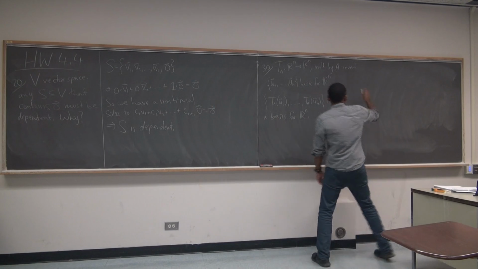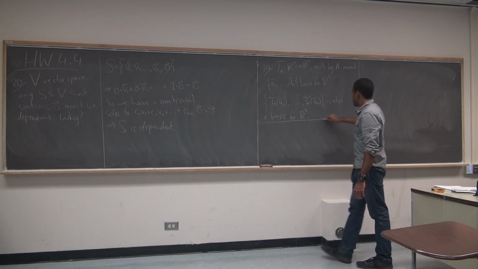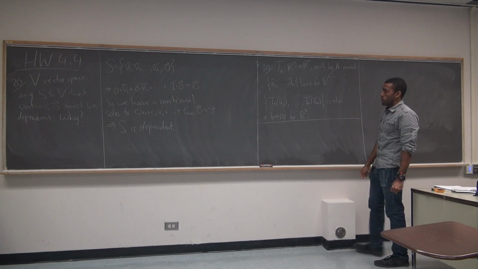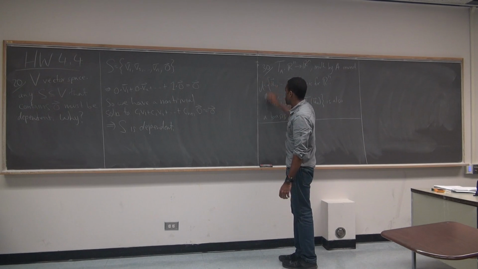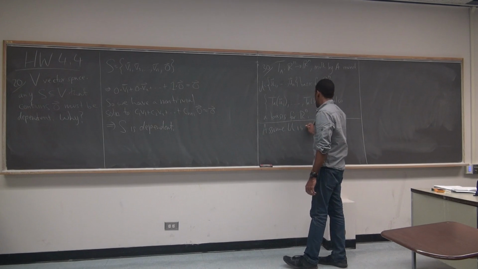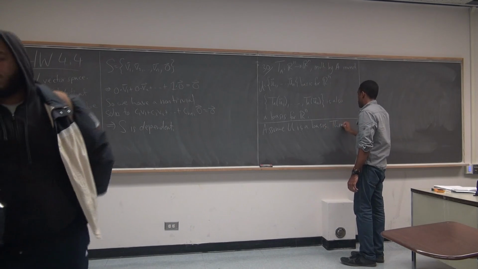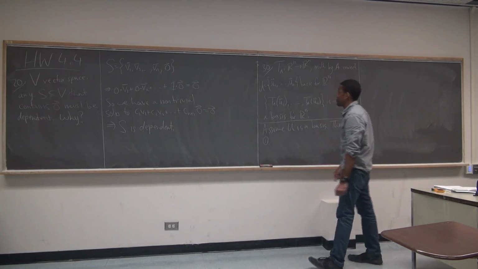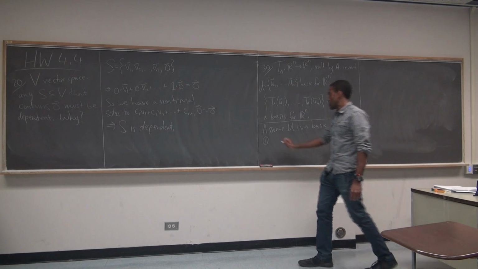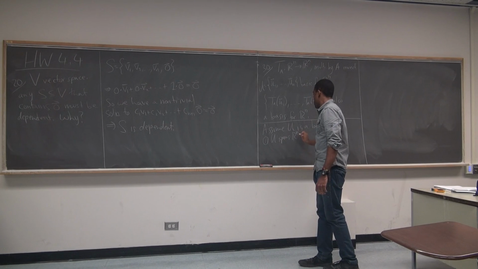Okay, what did you try here? So call this U. Assume U is a basis. Then what does this mean for U to be a basis? It spans Rn and it's linearly independent.